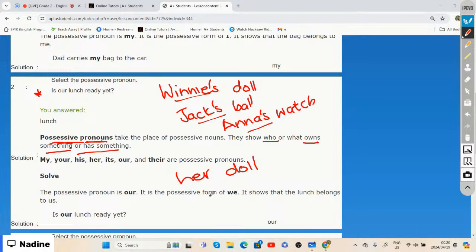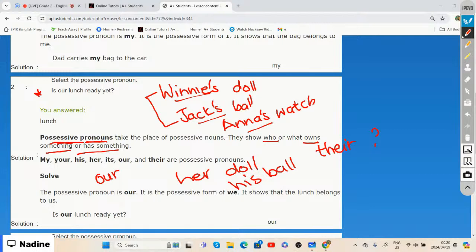If it's Jack's ball, we say it is his ball. If it's Winnie and Jack's, we say it is their something that belongs to them. If it belongs to me and Anna, I can say it is our watch.